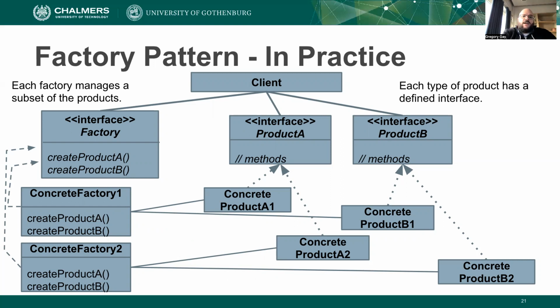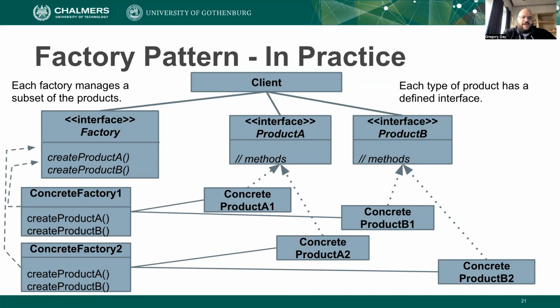So if we have flying robots and land robots, right? We have an interface that all land robots follow, and we have an interface that all flying robots follow. And these might not offer the same methods necessarily. Then we have concrete product classes for each type that implements those methods of the appropriate interface.